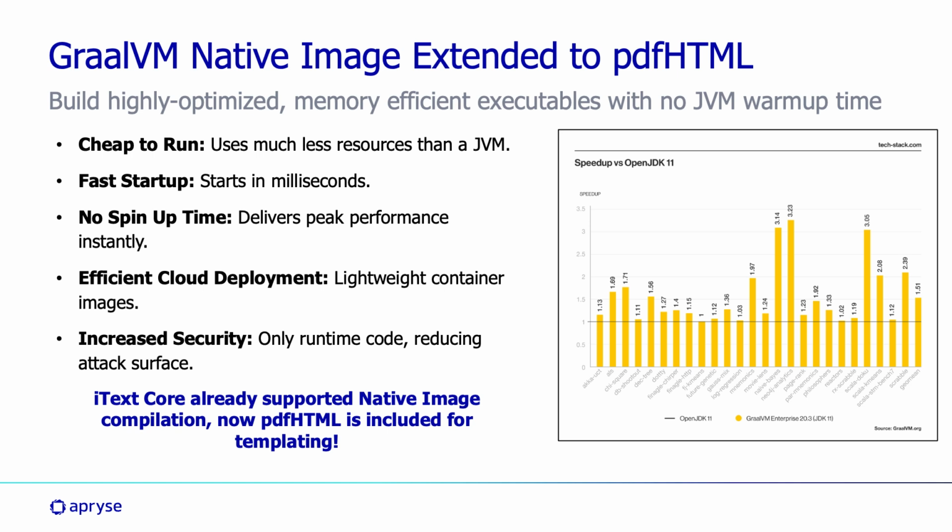So of course you get a lot of advantages there: less resources, faster startup, all of these things. We've had it for iText Core, and now we have it for pdfHTML. We have an article about this, so feel free to check it. And if there is an add-on that you think would also benefit from official GraalVM support, do let us know.